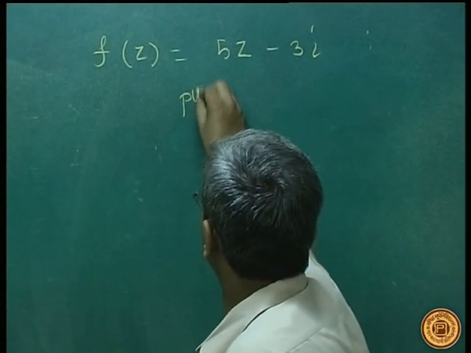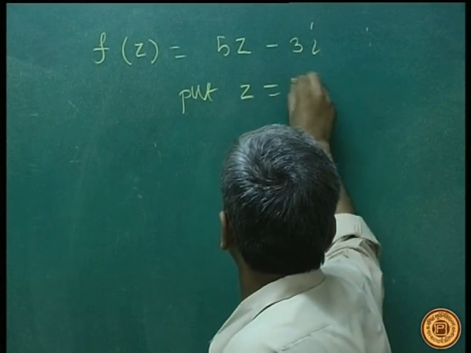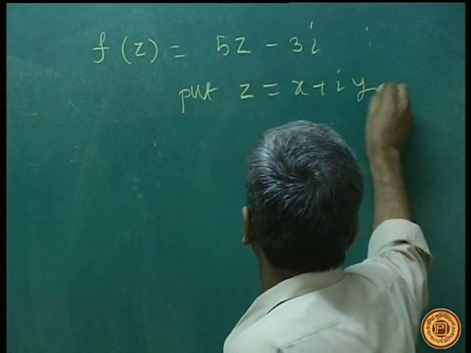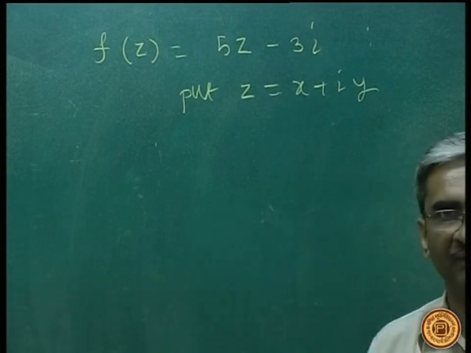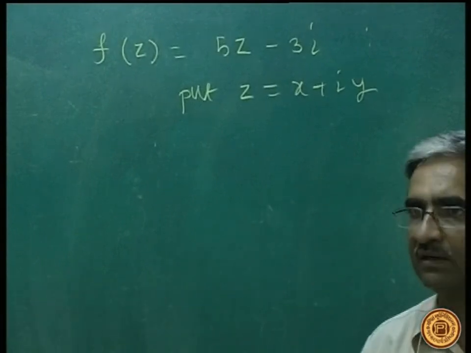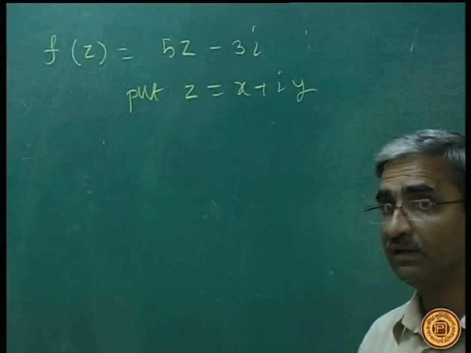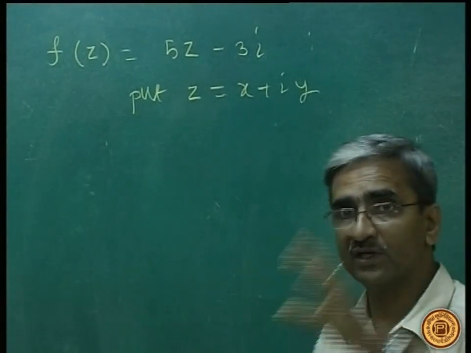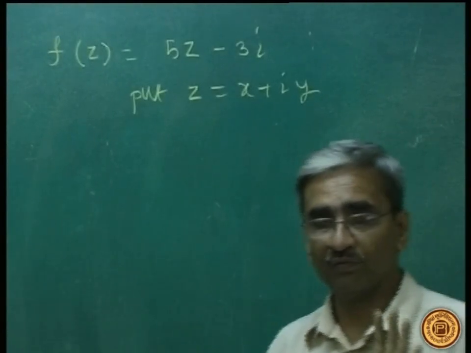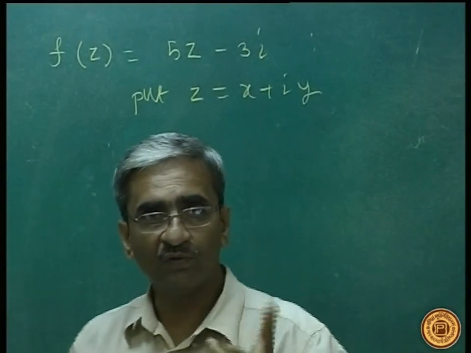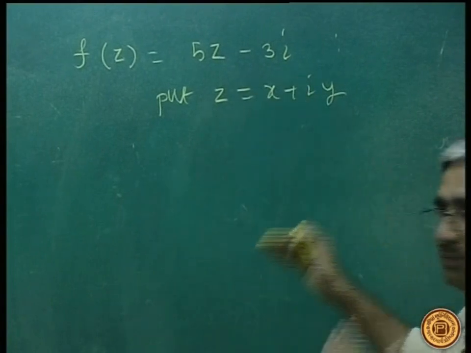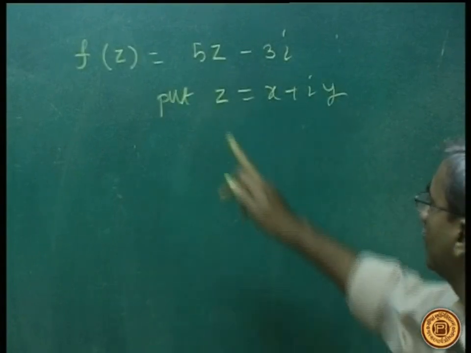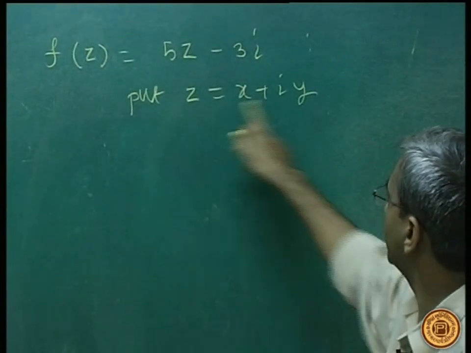These are the steps to compute u(x,y) and v(x,y). So try to understand it carefully because you will need these functions u(x,y) and v(x,y) later on. Given any complex function, we should be able to find u(x,y) and v(x,y), and I am telling you the procedure of finding that.